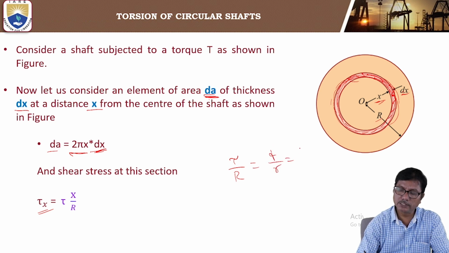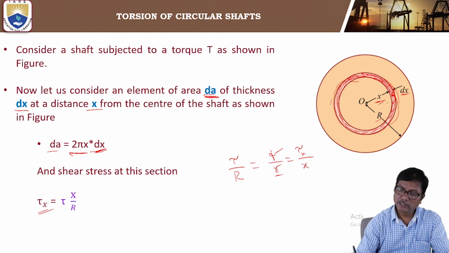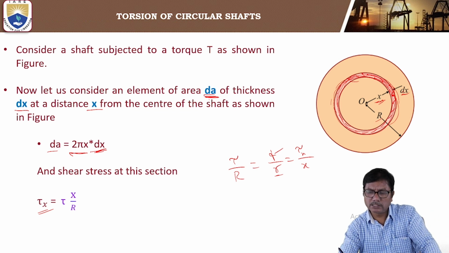Here q is the shear stress at any radial distance, so we take q as tau x and r as x.